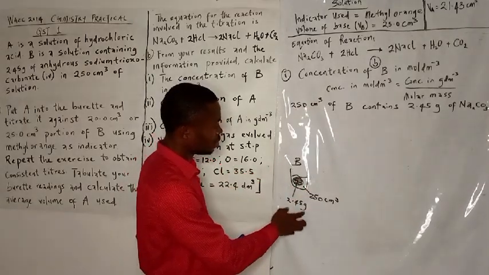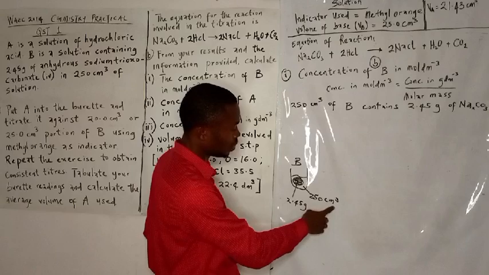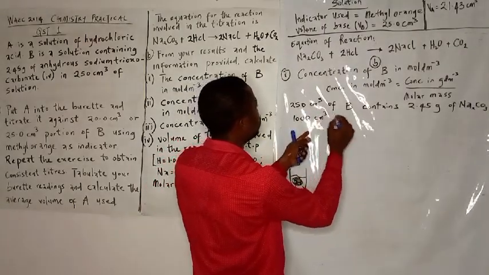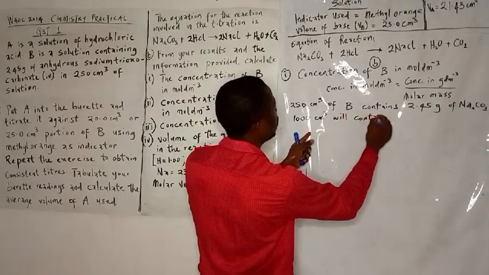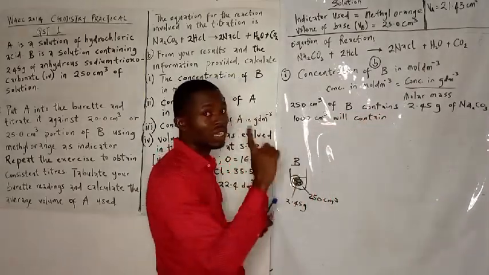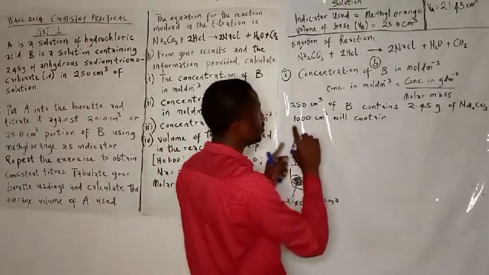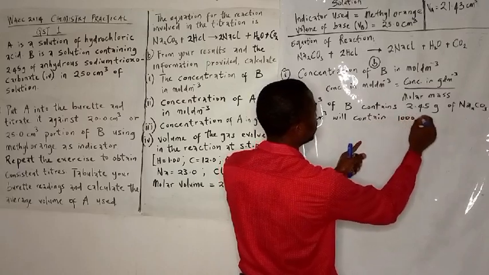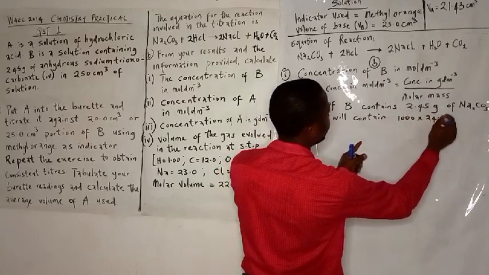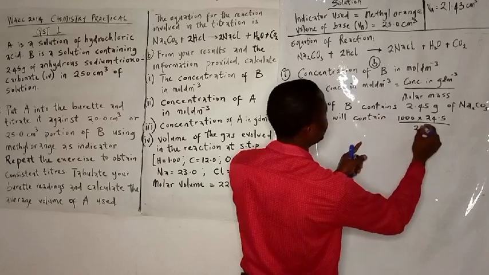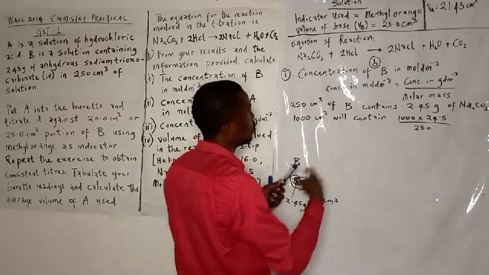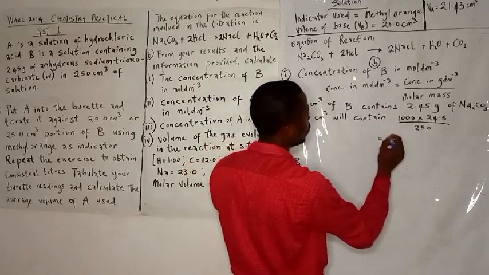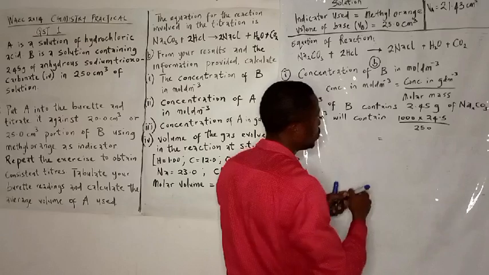So if 2.45 grams is inside 250 cm cube, then 1000 cm cube will contain, remember that 1000 cm cube is 1 dm cube, that's why we are using 1000, 1000 times 2.45 all over 250.